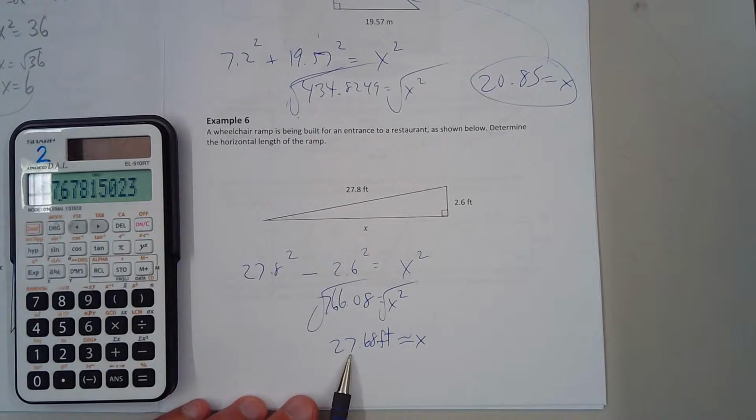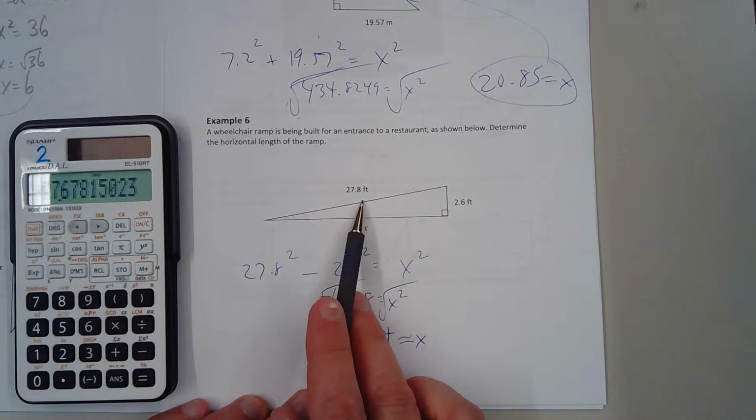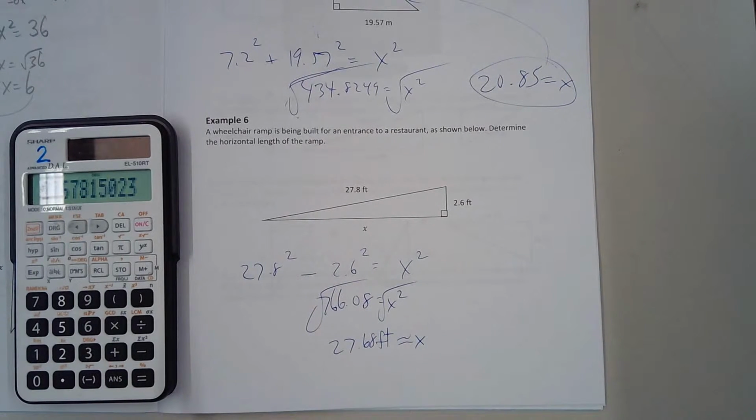Notice that the answer is pretty darn close to the long side. This is a little bit shorter. And that's because the slope is very gradual, right? And the way they usually get around that with restaurants is they don't have a straight run. Usually you'll see it goes one way and then it comes back up and it kind of winds. And that way they can have a gradual slope.